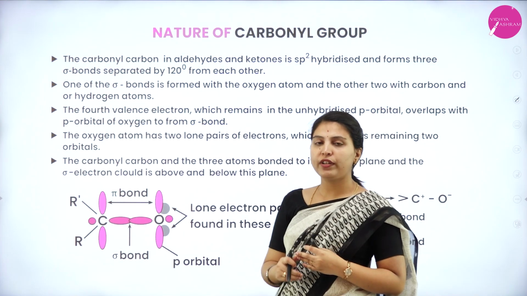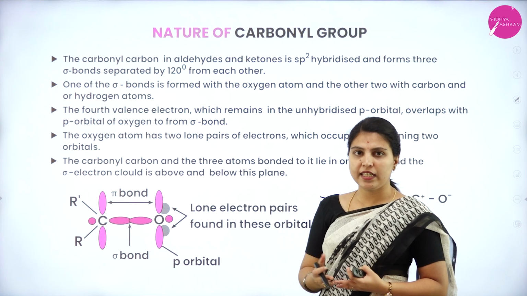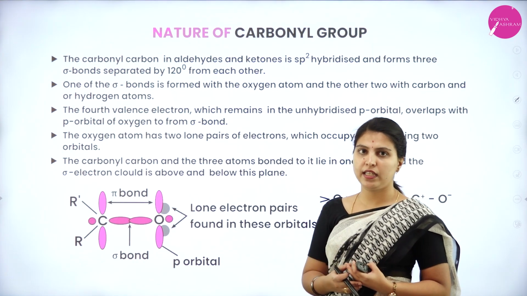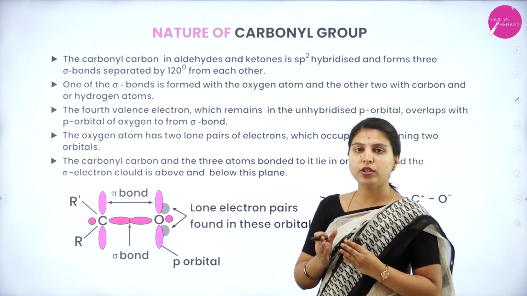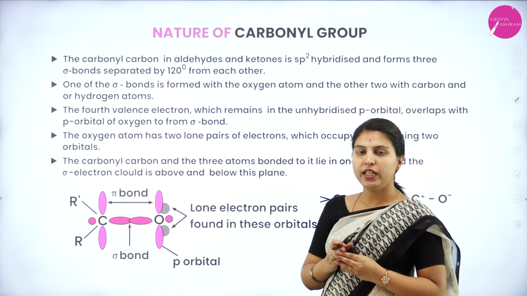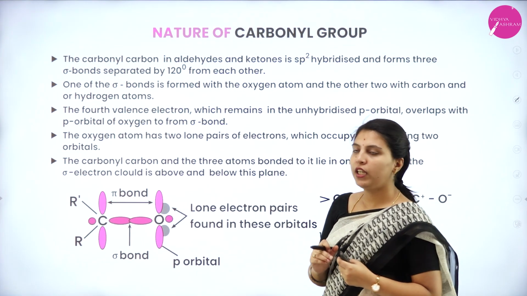Next, nature of the carbonyl group. Till now you have seen the IUPAC naming of aldehydes and ketones, but both have a carbonyl group. So how is the carbonyl bond formed?